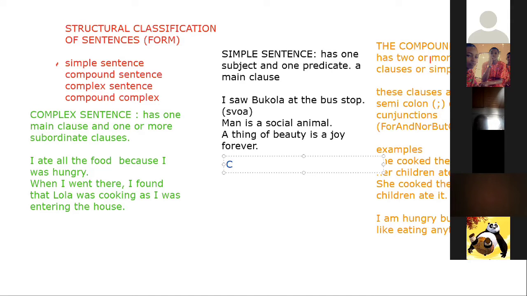Compound complex sentence. Do you understand me?